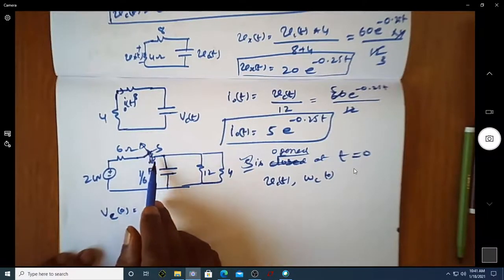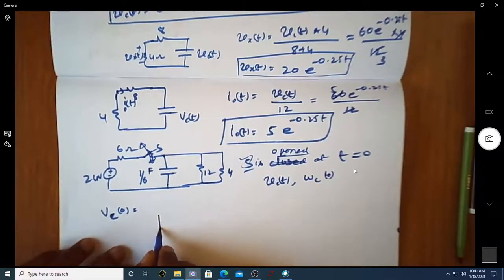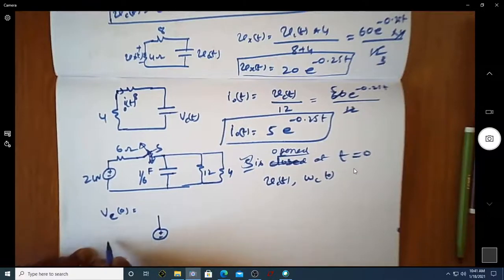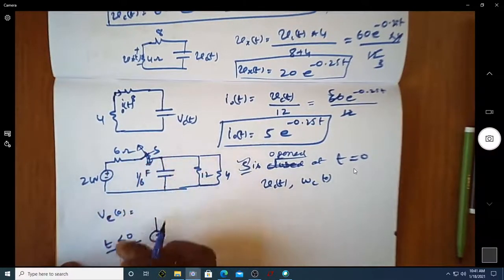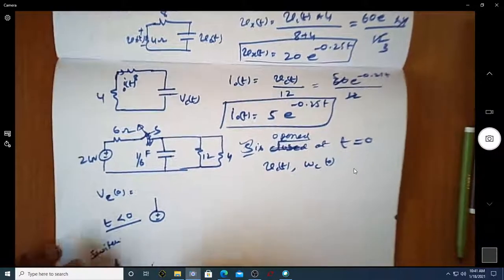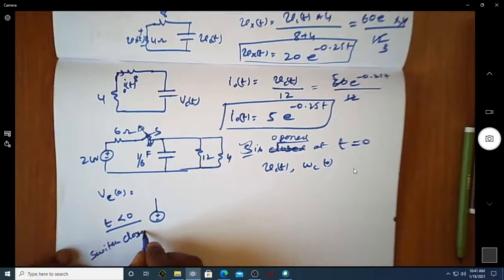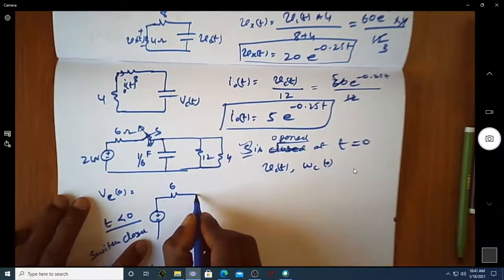When this switch is closed, the equivalent circuit looks like this. So I can rewrite the equivalent circuit at t less than 0, because at t equal to 0 I'm just opening the switch. At t less than 0, the switch is closed, and this is how the circuit looks.